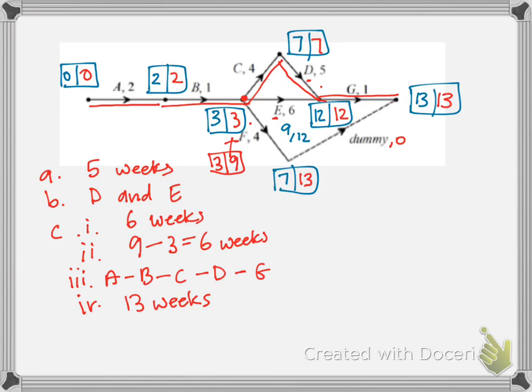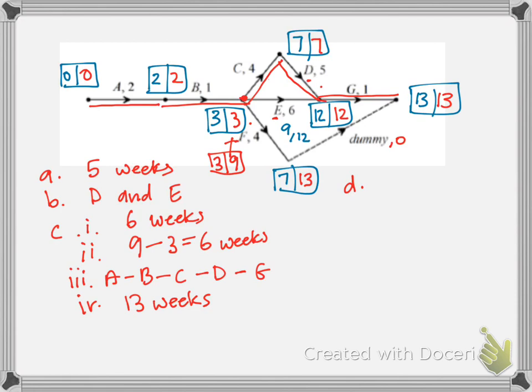Now, for Part D, you were asked to explain why it would be a waste of money to reduce the completion time of activity F. So it has a float time. It's not on the critical path. So there's not a lot of point trying to reduce F. Because really, if we go from this point at the end of B all the way to the end and see how long that would take, 4 and 5 and 1 is 10, 6 and 1 is 7, and through here it only takes 4.